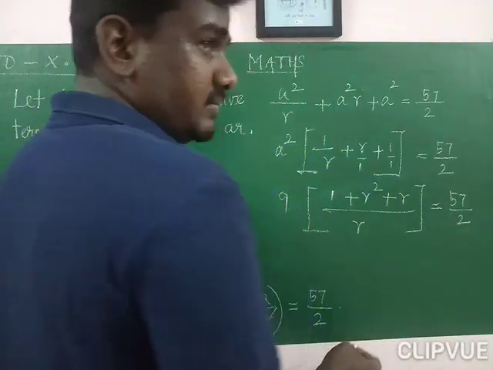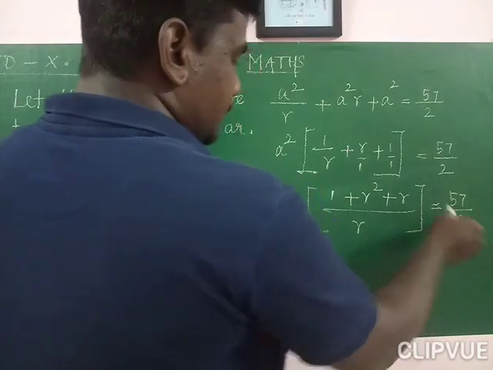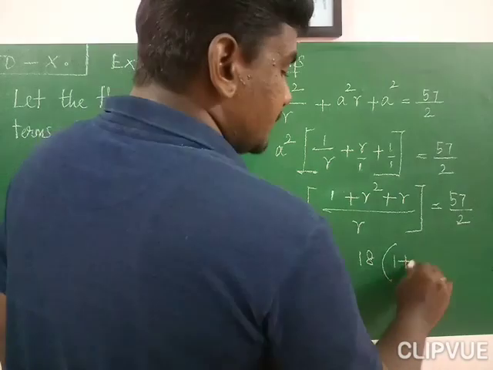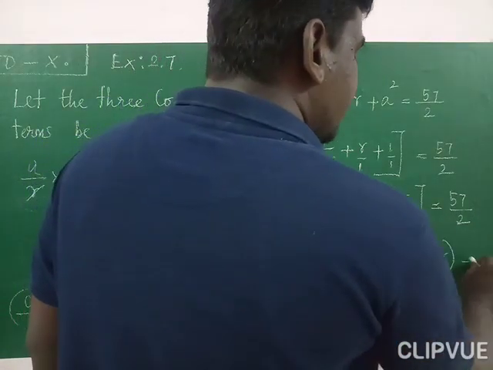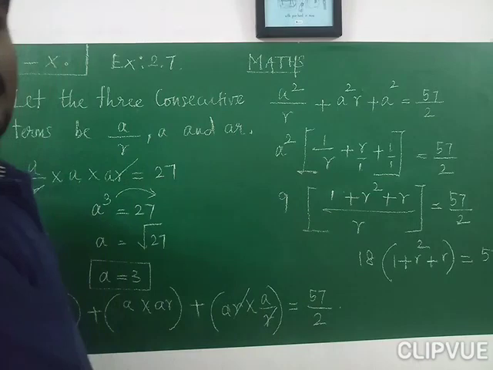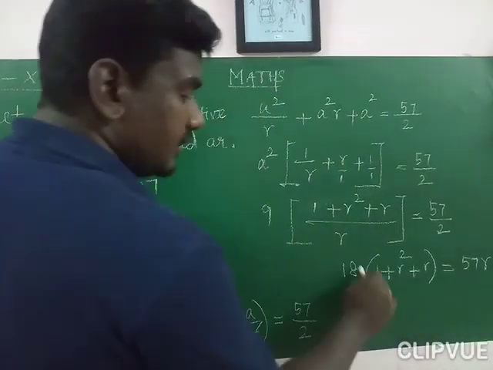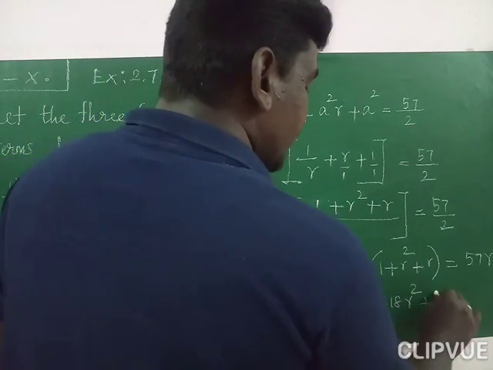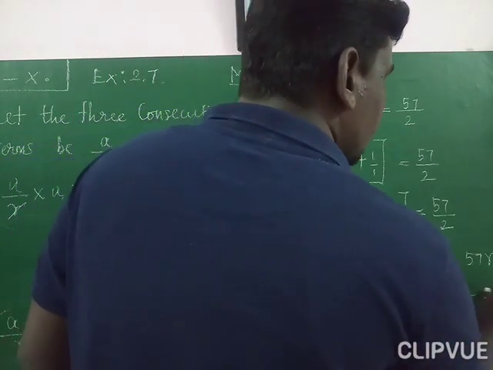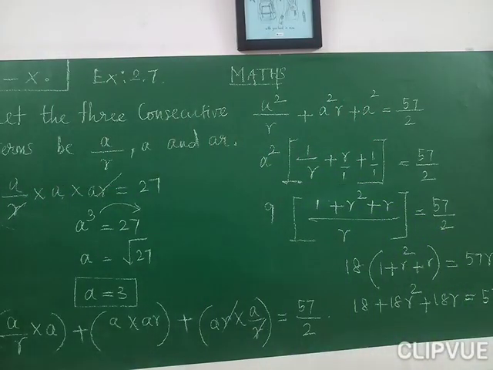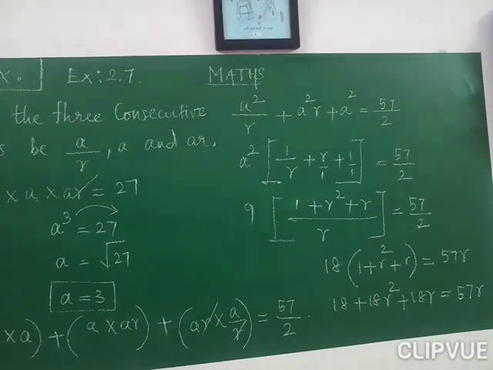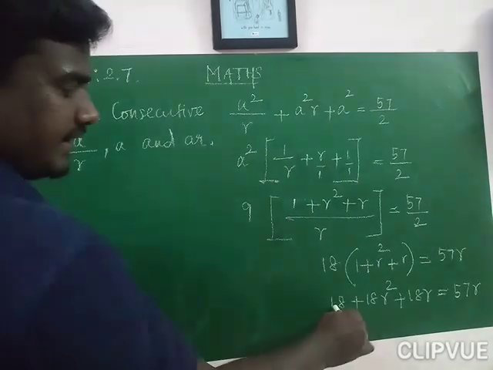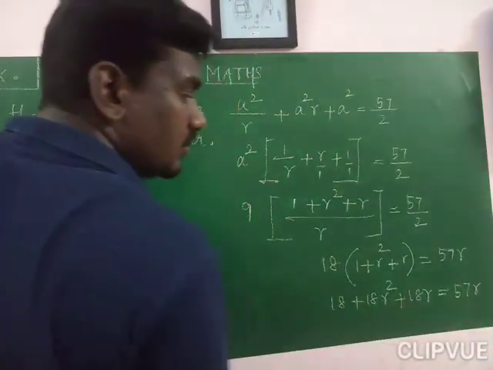Now we are going to do the cross product method. So 2 into 9, 18 into 1 plus r square plus r is equal to 57 r. So 18 plus 18 r square plus 18 r is equal to 57 r.